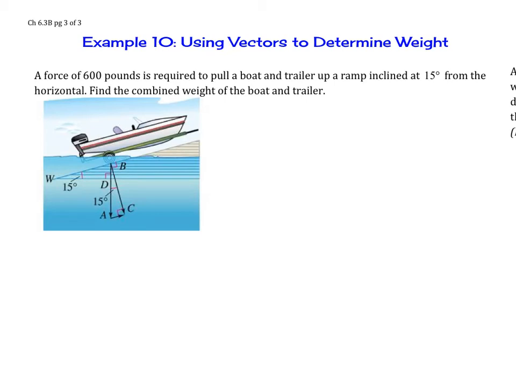We have BA, which is the force of gravity. Here's B, here is A, so it's going straight down. That's the force of gravity, the combined weight of the boat and trailer. That's what we're trying to find.